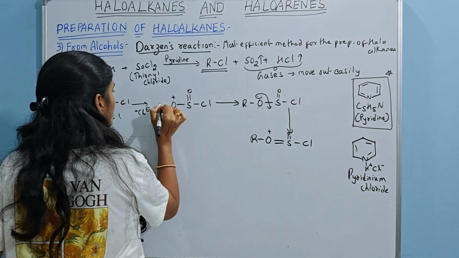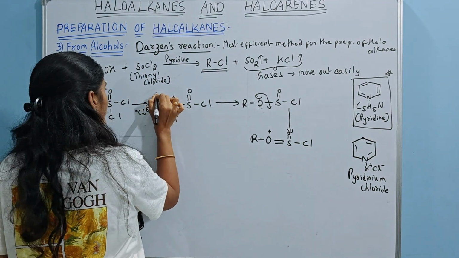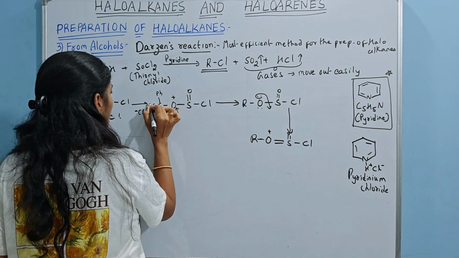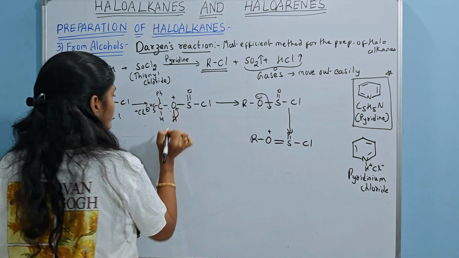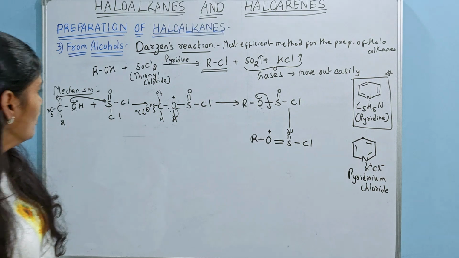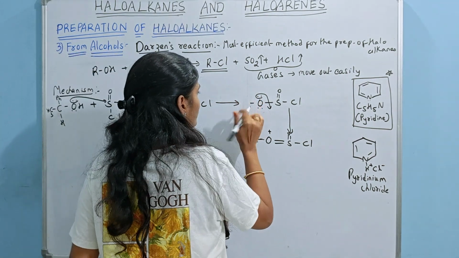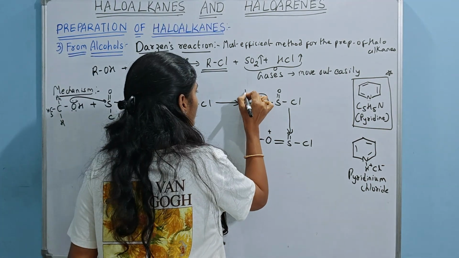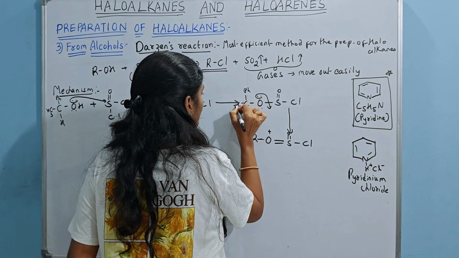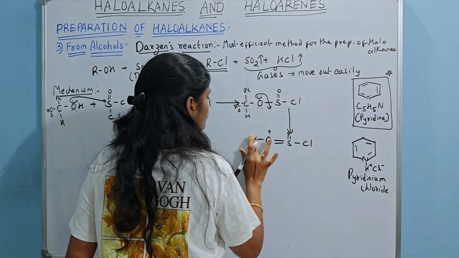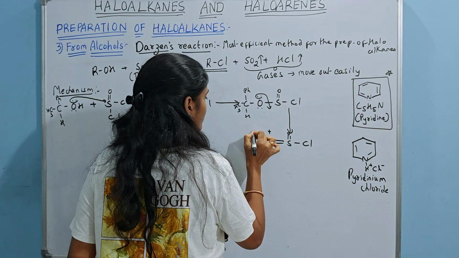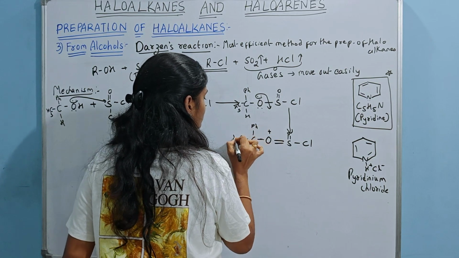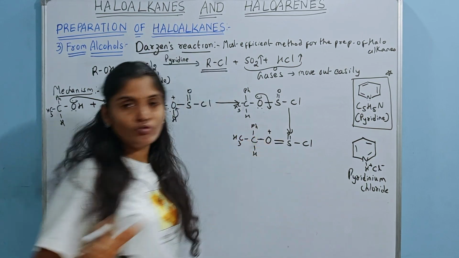I'll change it, because if I take a normal R and do it, I cannot show you inversion properly in this reaction, because in this reaction inversion happens. So let me take a chiral alcohol and show you the reaction so that you can understand the inversion better. Now it will be easy for you to understand.